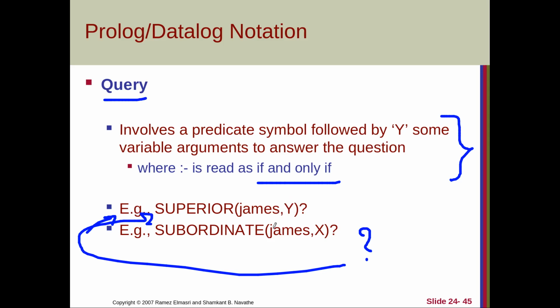That means, y is a variable because it is a capital letter, James is a constant, it is entirely small letter. So whether James is superior of y. So we need to refer to all the available facts. Similarly, subordinate of James comma h, whether James is subordinate of h.